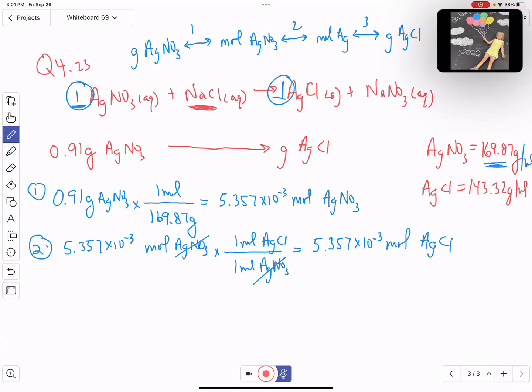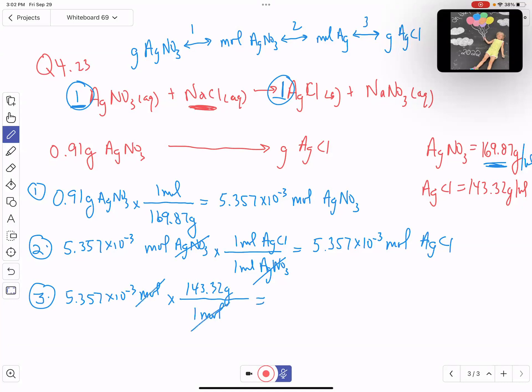From there, we can find the mass, because we know the molar mass of silver chloride is 143.32 grams per mole. So that's our last step. 5.357 times 10 to the minus 3 moles. We know for 1 mole of silver chloride, I have 143.32 grams.